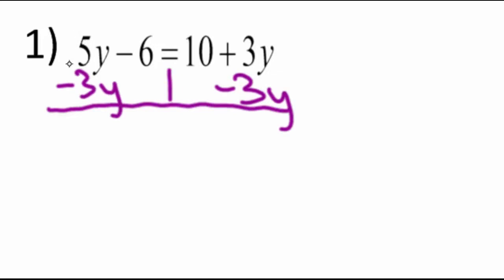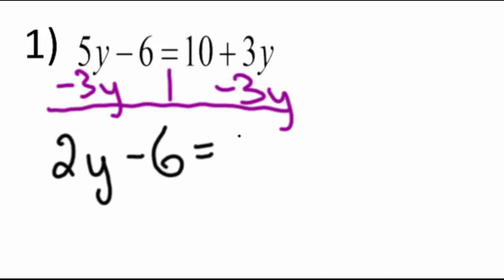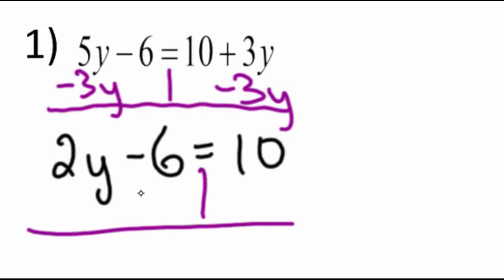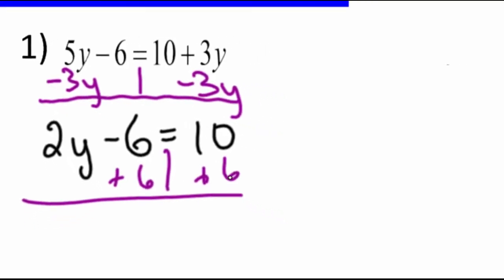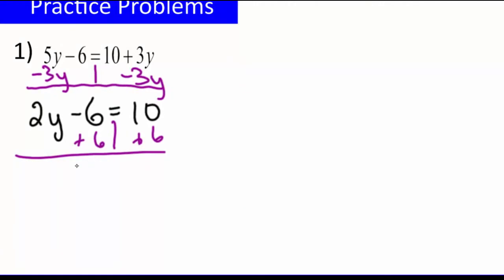That way, when I do 5y minus 3y, I get a positive coefficient. So 2y minus 6 is equal to 10. Now I just want to zero out my constant, and I get 2y equals 16. Divide by my coefficient, and I get y is equal to 8.